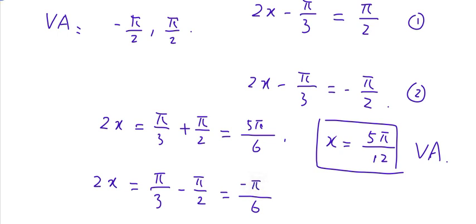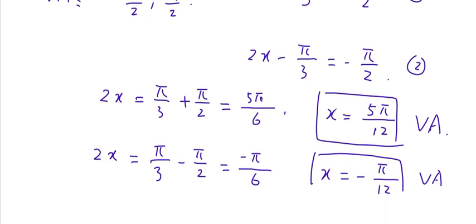Negative pi, okay, so x equals negative pi over 12. So this is another vertical asymptote. So for tangent, we should just focus on the asymptote. Once we have the asymptote, we can sketch the graph.